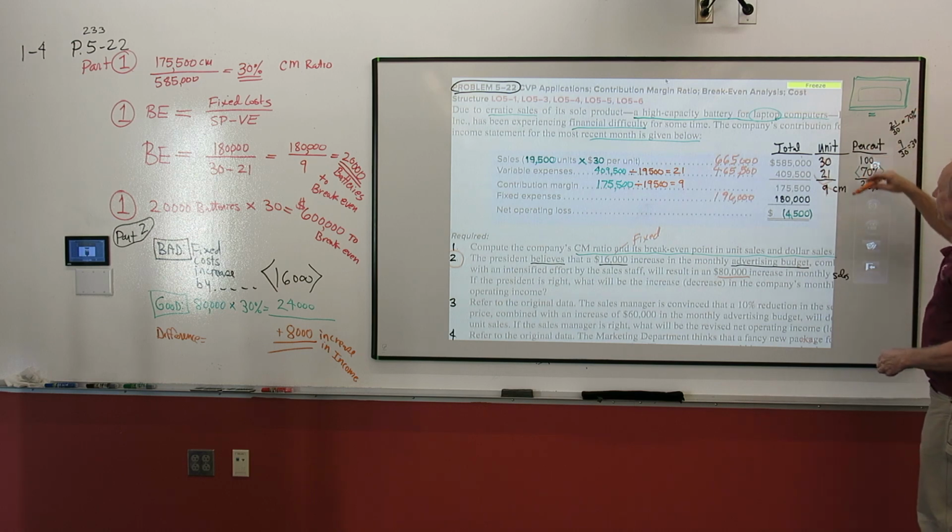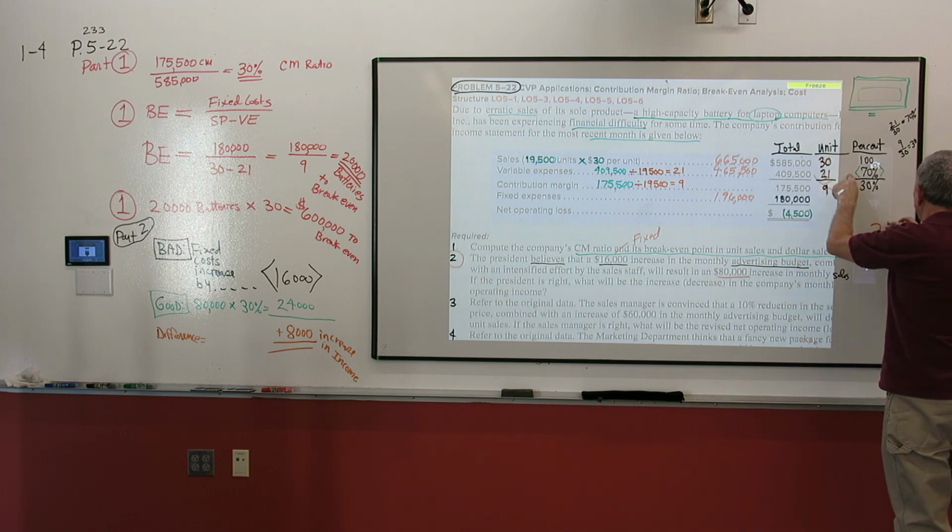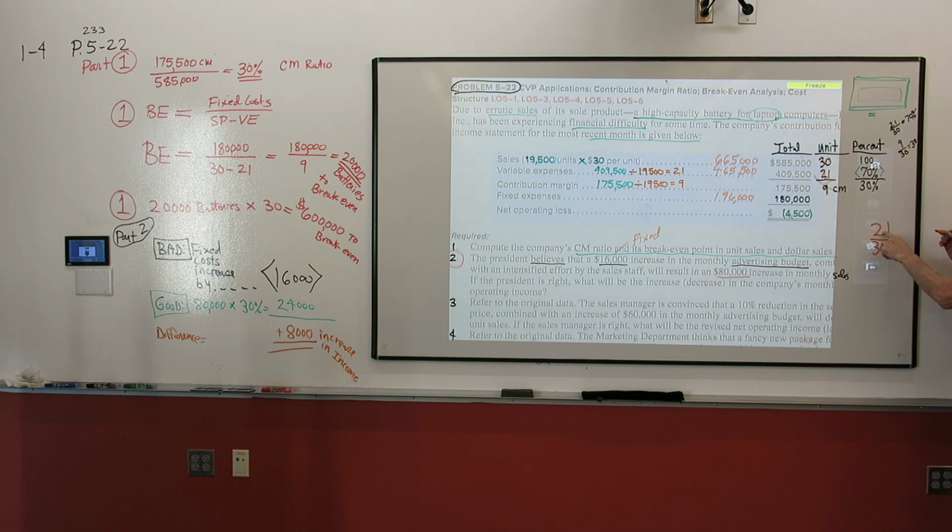Then the next column you get is a percentage column. The percentage column just figures out that out of 100%, where does your money go? Well, $21 of every $30 goes to variable costs. If you simply ask what percentage $21 is of the 30, well, 3 times 7, it's going to be 70%.